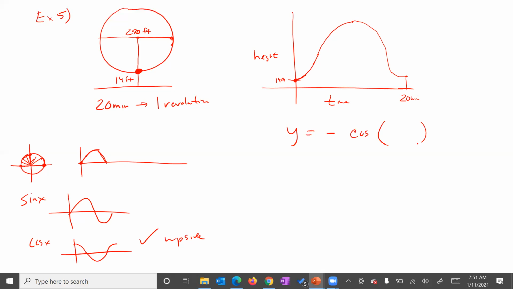Grant, what's the maximum height? That's a great question. 250, I think so, yeah. 250 plus 14 would get us to 264. Okay, so I'm thinking something along the line of this little middle, and then that little piece has something to do with something.